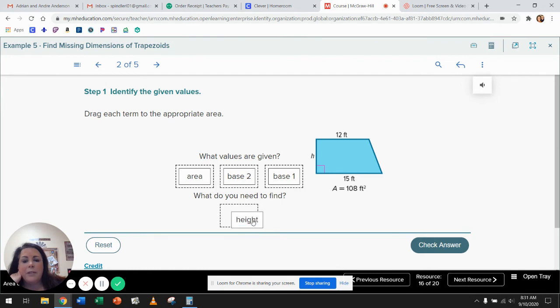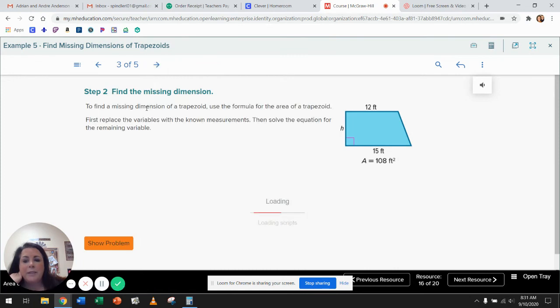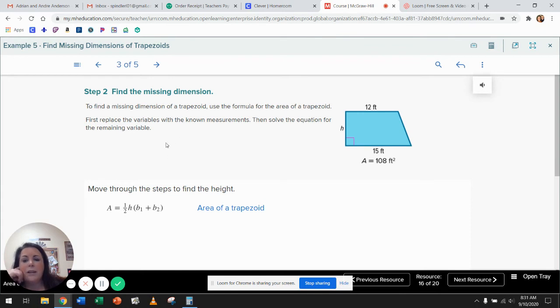And what we need to find is the height. So to find the missing dimension of a trapezoid, we're going to use the formula that we had, and just replace what we know. So I'm going to put in that we have 108 feet squared as our area. So that's going to go here. We have base 1 and base 2, and we're still missing the height.